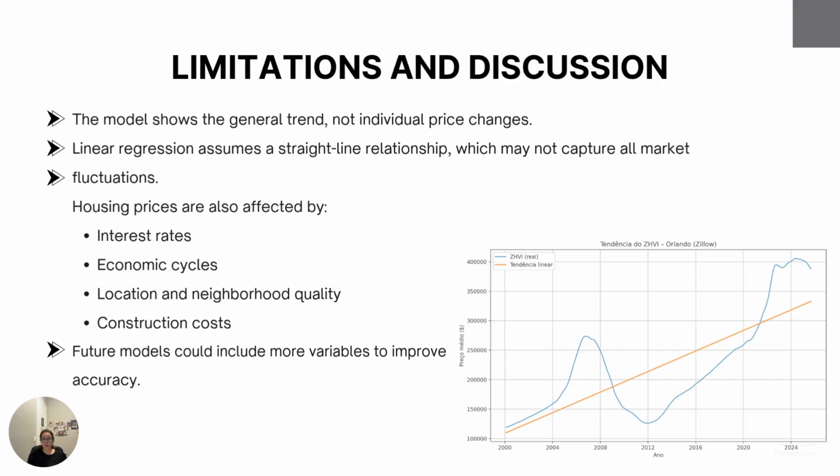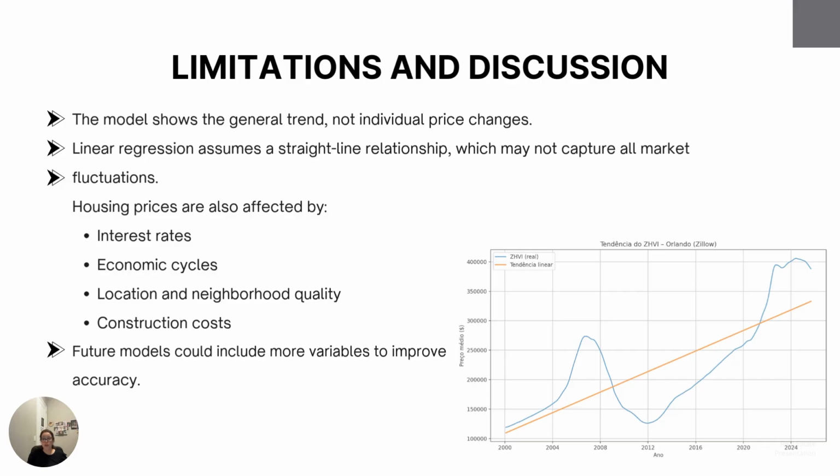Another important point is that linear regression assumes a straight line relationship. While the housing market doesn't always behave that way, we can see, for instance, how prices dropped sharply during the 2008 crisis and then rose again after 2020.